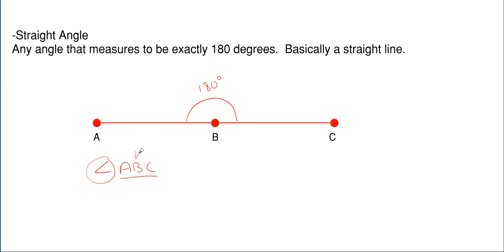So the center letter inside your segment statement will always be where the angle is being measured from, or about that point. So what this is saying is that the angle of line ABC, well, the angle is going to be right where B is, and if you were to finish this out for a straight line, would be equal to 180 degrees. So you would probably see this type of statement a lot, not with exactly 180 degrees, but referring to any type of line or angle.